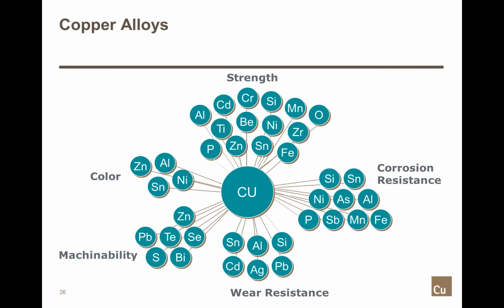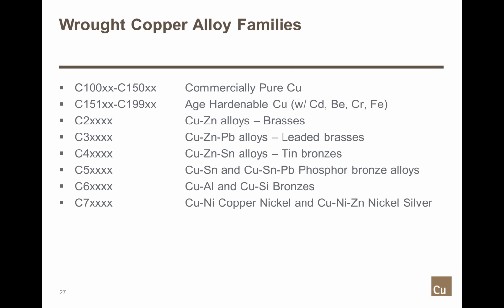Let's go into what the wrought copper alloy families are. Basic definitions. If you have a number that is C100 with two numbers after that to C150 with two numbers after that, you're in the commercially pure copper range. There's small additions of a variety of elements that are there or not there that give you those alloys.